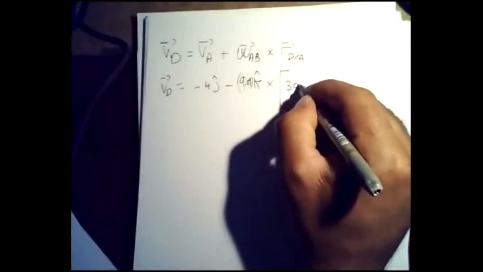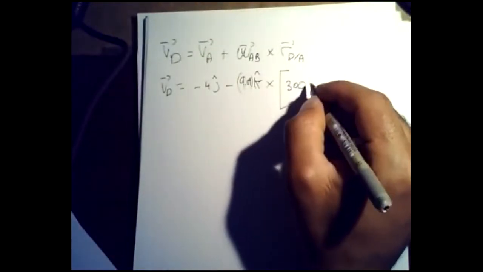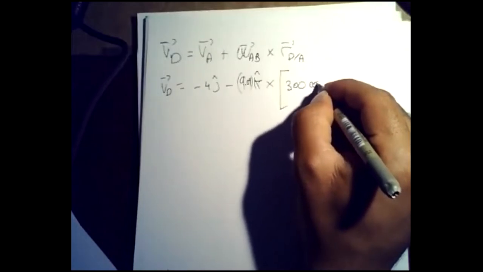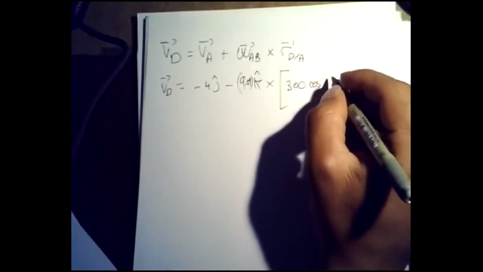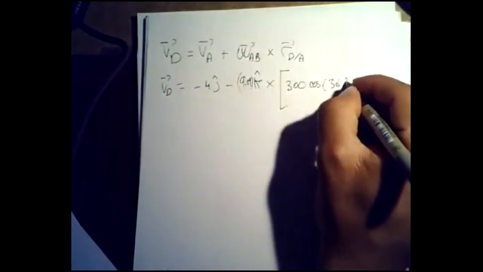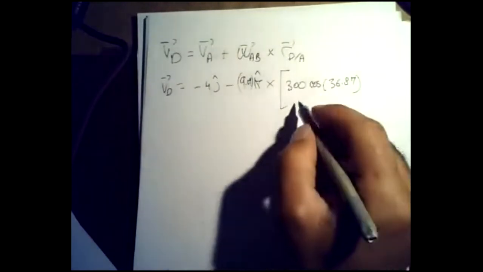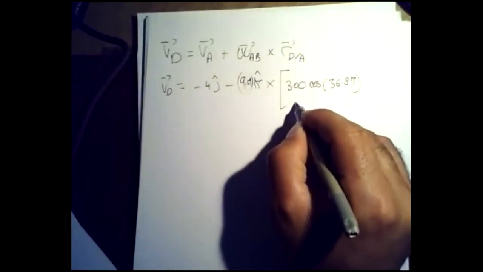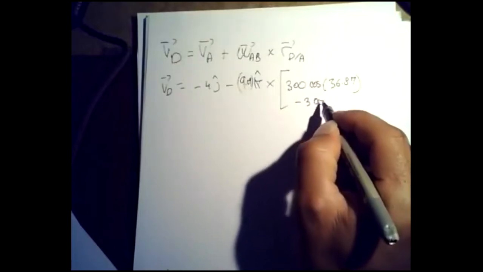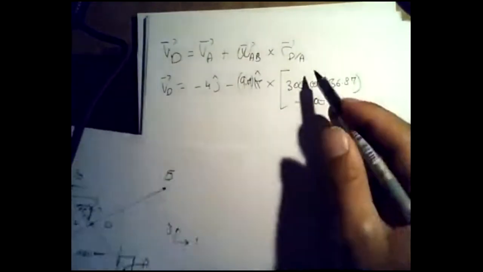Again, this angle is going to be alpha. So what do we do? In the I direction, it's going to be 300 multiplied by cosine of this angle alpha, which is 36.87. And in the J direction, it's going to be a minus. Remember, RDA is a vector from, so D as viewed from A, it's going to be this vector.